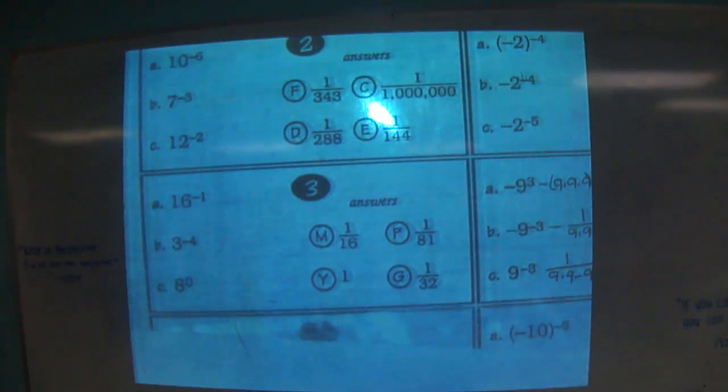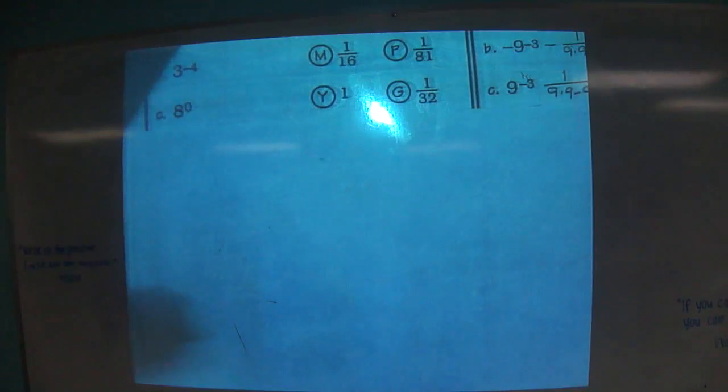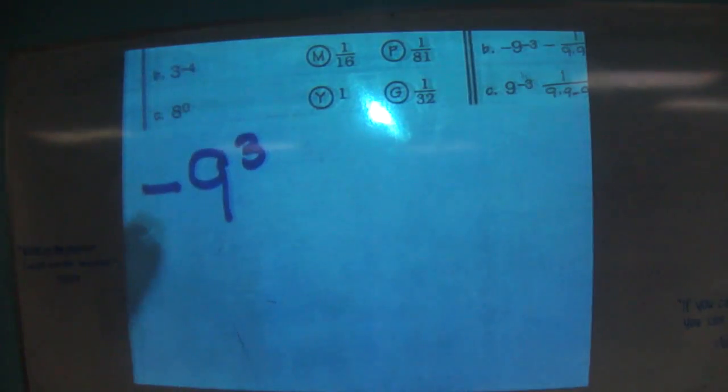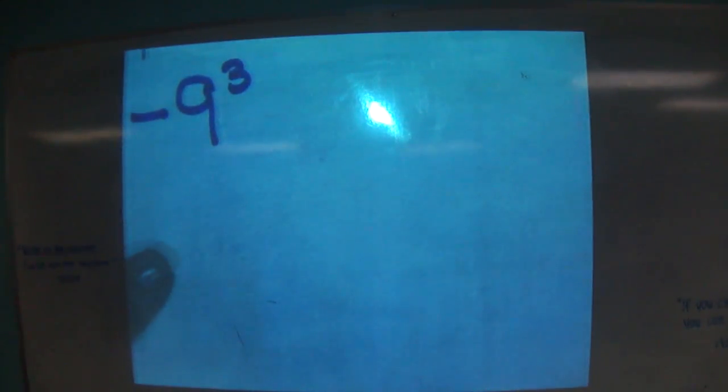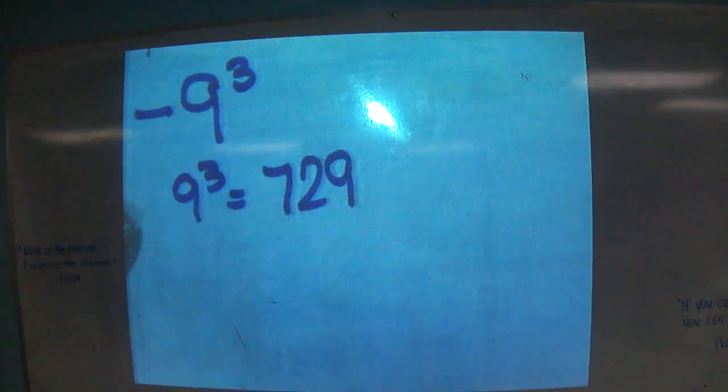But what happens when you have something like this? Exponents are really interesting insofar as I have negative 9 to the third power. This is section 8. Well, I know 9 to the third power equals 729.